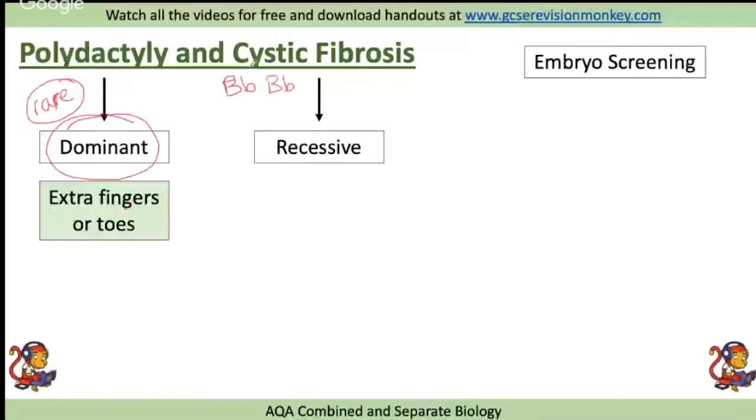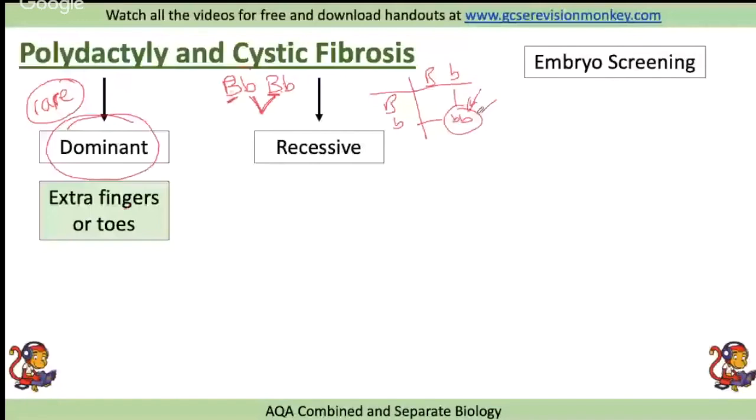If those 2 parents were going to have a baby, they themselves would not have cystic fibrosis because they've got a dominant allele for not having the disorder. However, if those 2 people reproduced and had a baby, because of the genetic cross, which we did a heterozygous one before, you would end up with 25% chance of their child having cystic fibrosis.